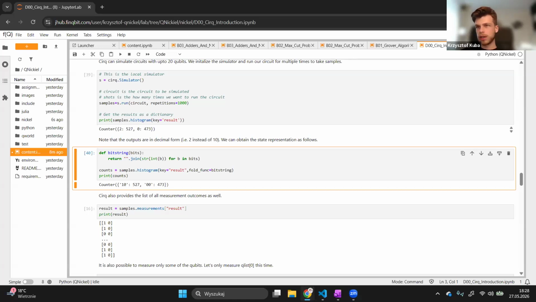Okay, so there's a question in chat. Are all those quantum frameworks hardware agnostic? I don't think so. They're not really. I mean, every hardware provider probably has to do their own implementation of the programming language and, let's say, transpilation on their own.